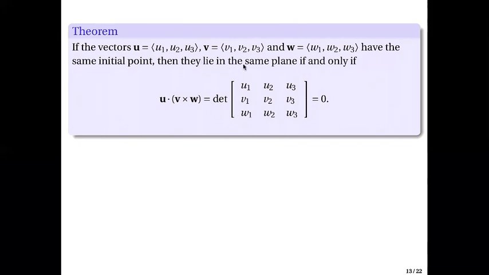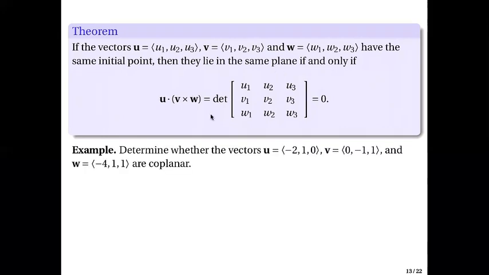Now, being on the same plane also means that they are coplanar. So just a term. Determine whether the vectors u, v, and w are coplanar. All we need to do here is get this scalar triple product and show that it's equal to 0.